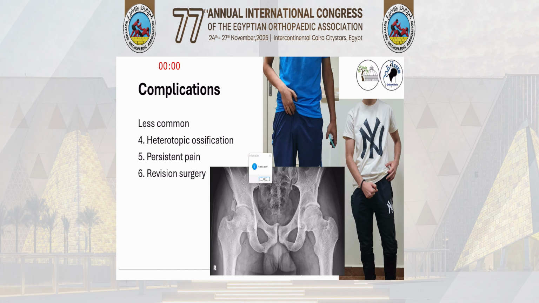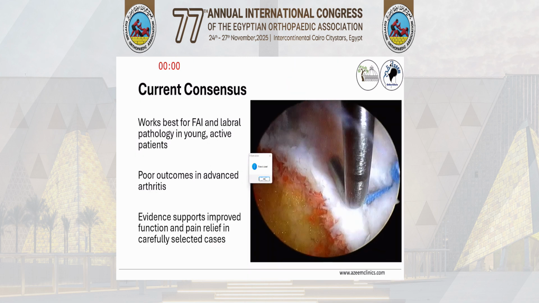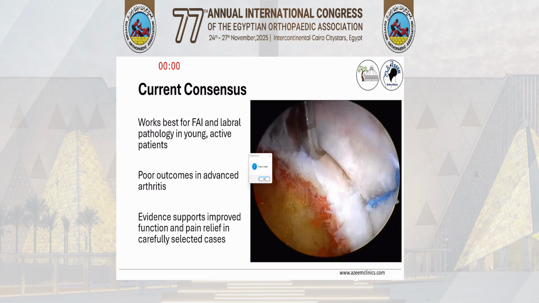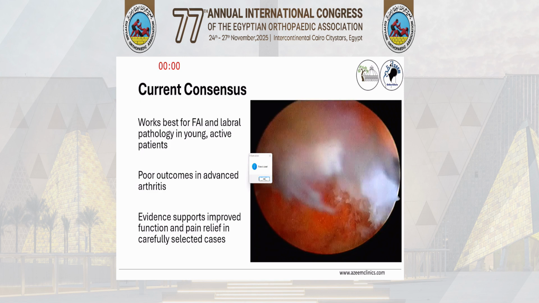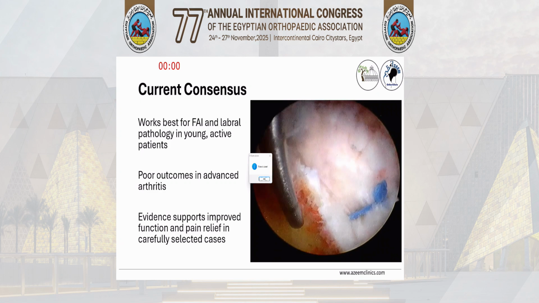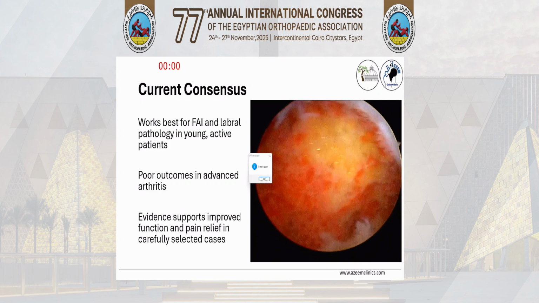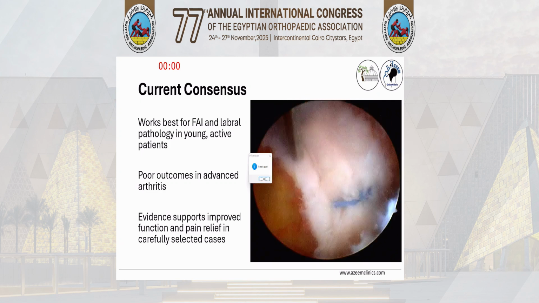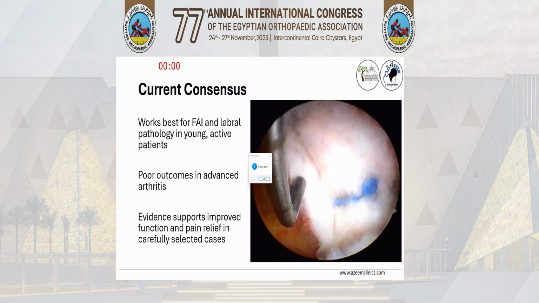Other less common complications include heterotopic ossification, which is usually non-significant, persistent pain after the operation, and revision surgery. So the current consensus says that hip arthroscopy works best for femoroacetabular impingement and labral pathology in young active patients, with poor outcome in advanced arthritis.